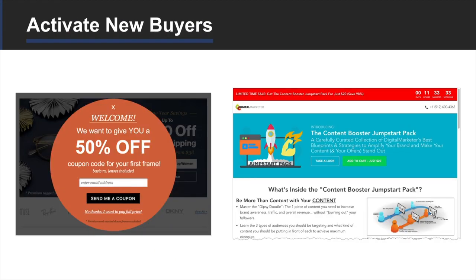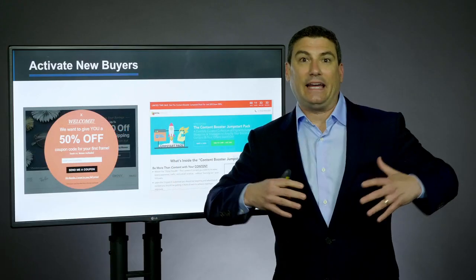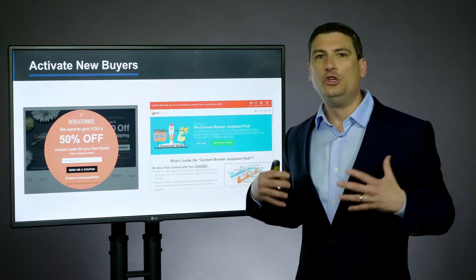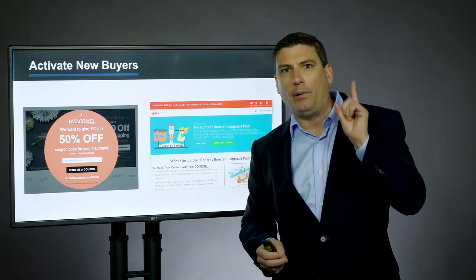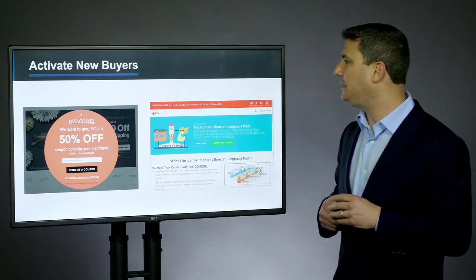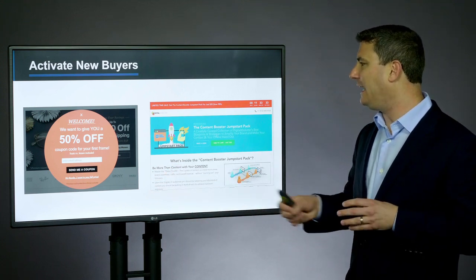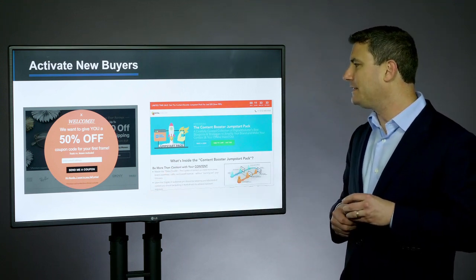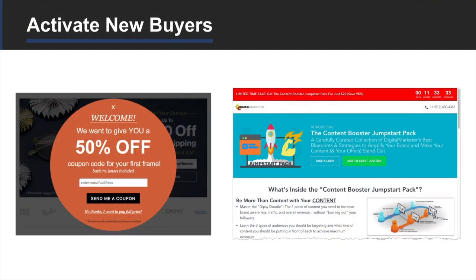Okay, so let's take a quick look here. Activating new buyers, liquidating acquisition costs. What do I mean when I say activate new buyers? It's incredibly important, and any business that's doing any sort of scale knows that getting that person to buy the first time is one of the most difficult things to do. On the left, we've got a little pop-up that says we want to give you 50% off for your first frame.